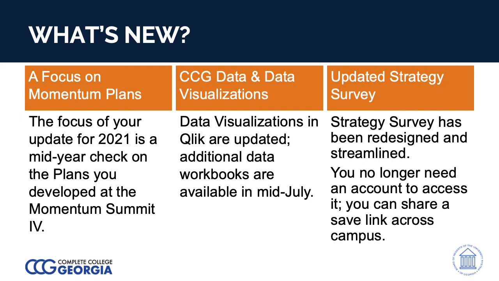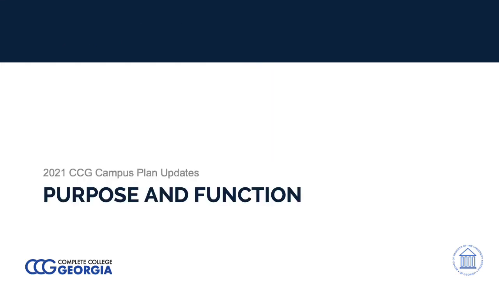Instead, you can access the link. It's available on the CCG website, and you'll see the link later on today. And you can share that link with others. So you should encourage just one person on campus to complete it, but as they go, when they pause, they can save it, get access to that link, and it'll go to whoever else is next on campus if they want to send it along, or they can simply continue to come back to it.